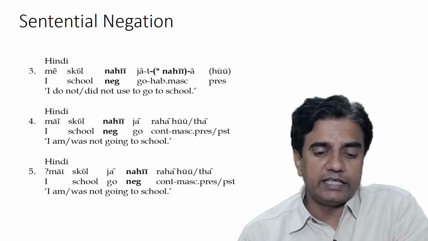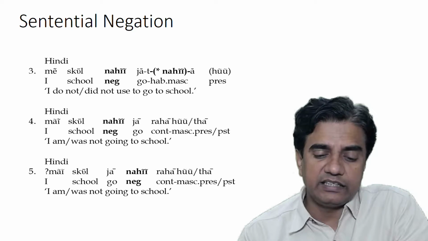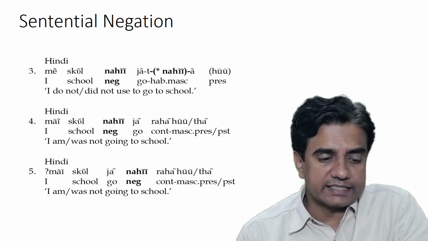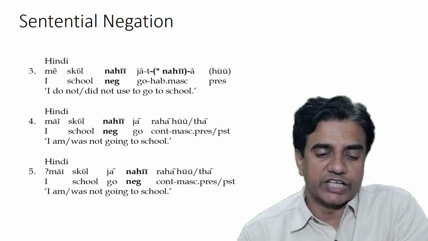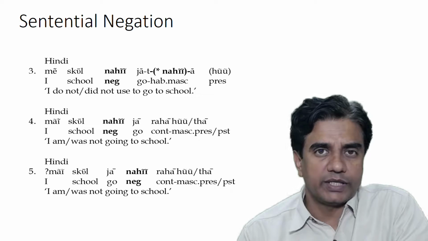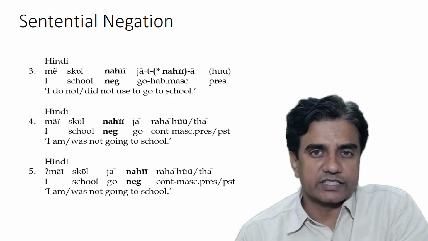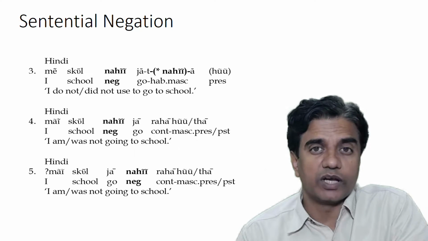Sentence number 3, मैं स्कूल नहीं जाता नहीं हूँ. What is important in this sentence is that we want to say मैं स्कूल नहीं जाता हूँ. This is a canonical sentence. It follows things that we have discussed before, with reference to the examples in 1 and 2.